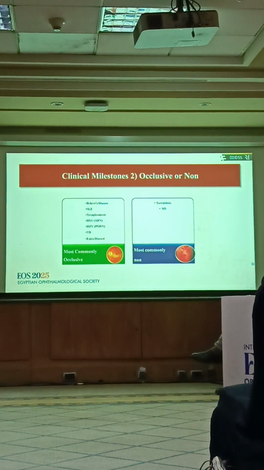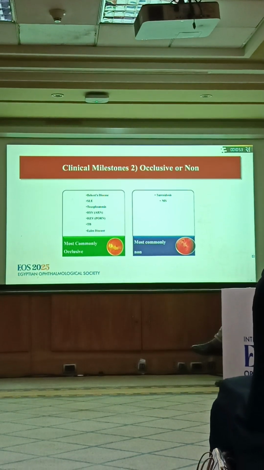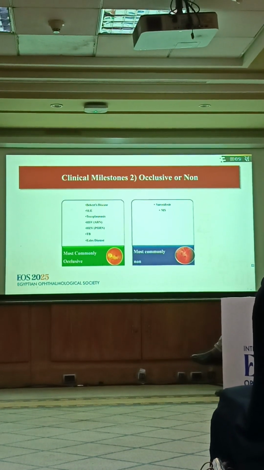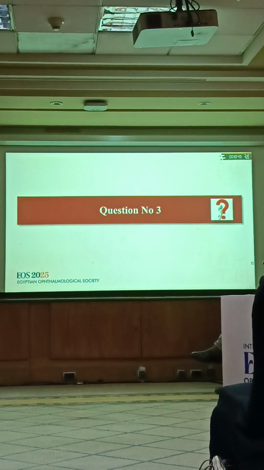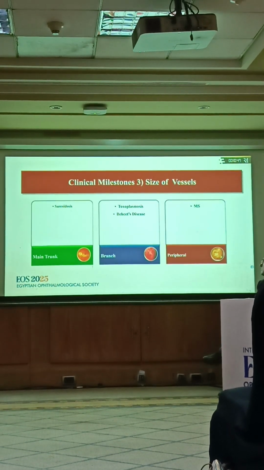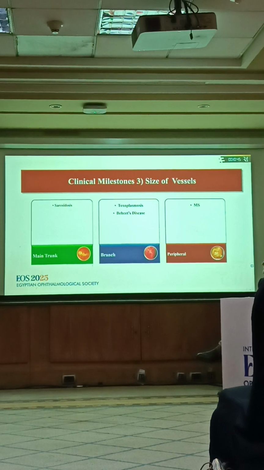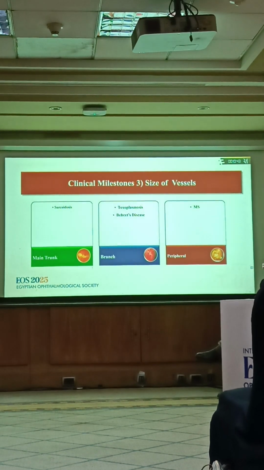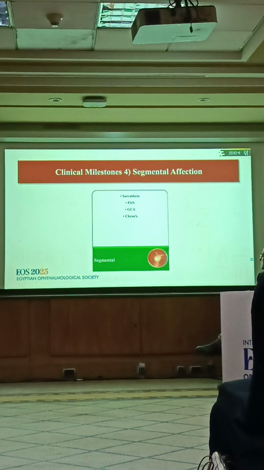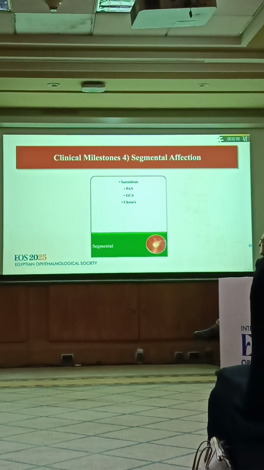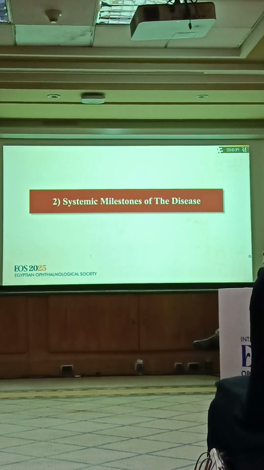Question 2, what is the nature of vasculitis? Is it occlusive or non-occlusive? Question 3, size of the vessel affected. Is it branch or main trunk or peripheral one? Question 4, the segmental affection, is it present or not?